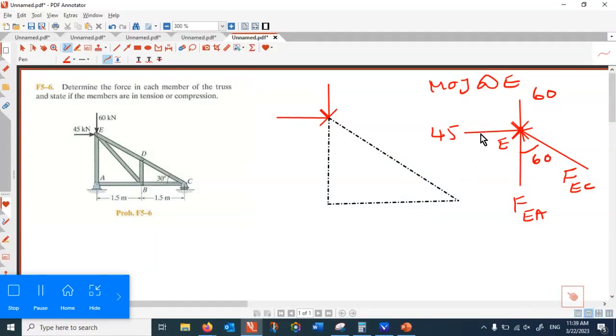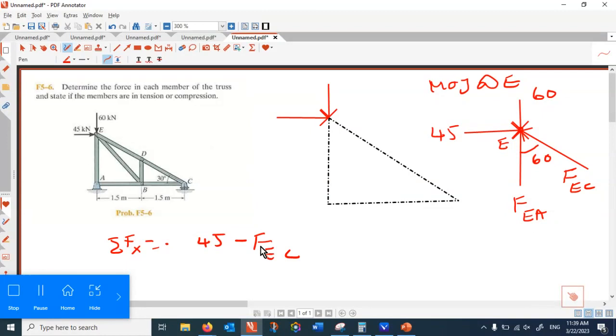All right, easy. So to find out FEC, all I do, I write net forces horizontally equal to 0. That is 45 positive minus FEC. So, how did you know FEC is positive?